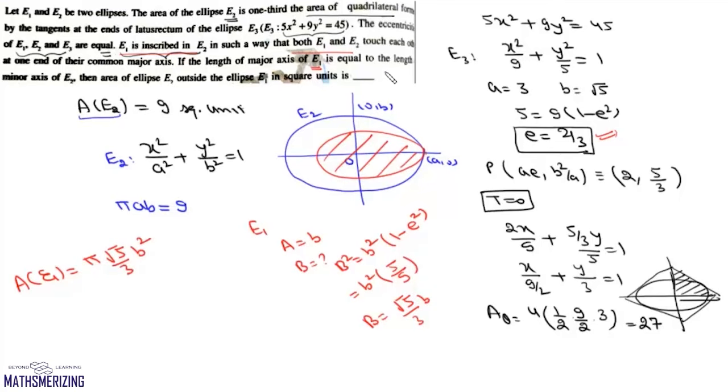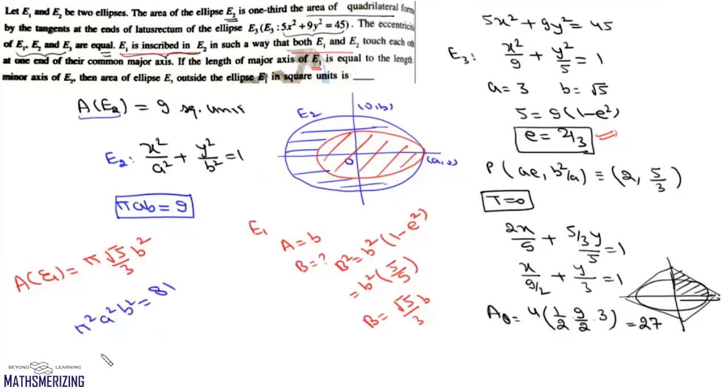Now we need to find the area of ellipse E2 outside the ellipse E1 in square units. So we need to find this remaining area, so we need to subtract E1 from E2. But before that, we need to write this area of E1 in absolute terms. So we know that pi ab is equal to 9. We'll square it. We'll write pi square a square b square, and it will be 81.